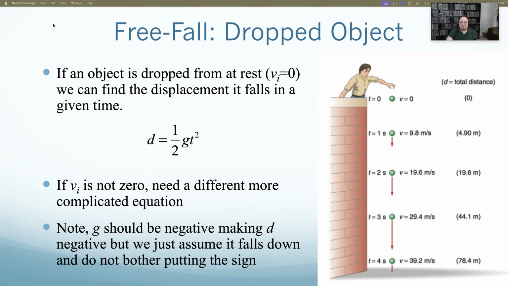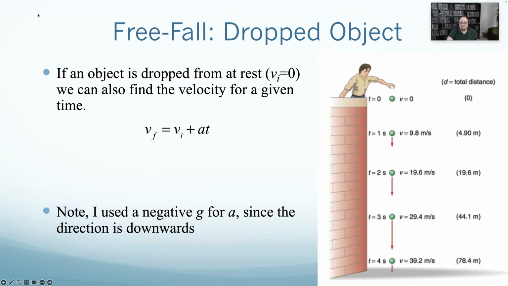You can also figure out the velocity when it drops. Its velocity is a function of time. We know v final equals v initial plus at, but we're saying this if something is just dropped. If it's just dropped, its initial velocity is 0. And so that means v final is just negative gt.